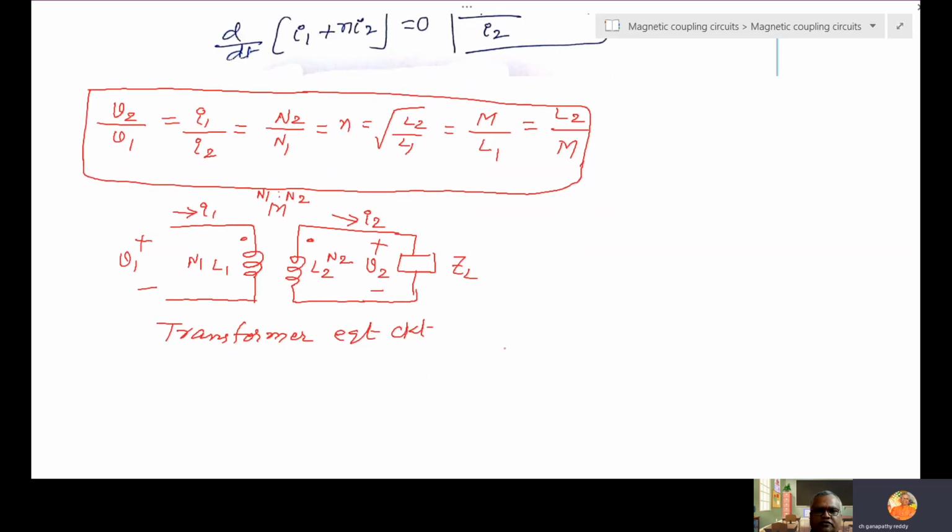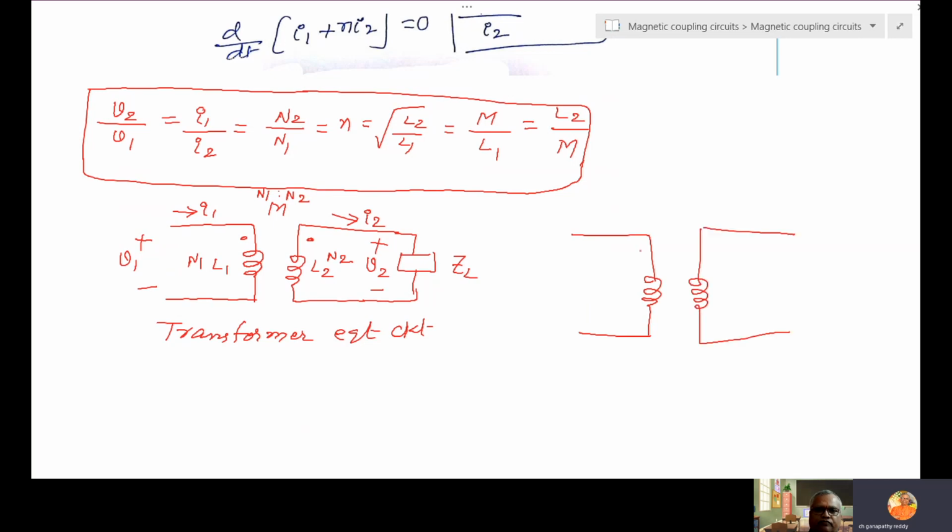But the coupling circuit is already done. In coupling, we apply sources on both sides: this is V1, this is I1, with dots here, and V2 with current I2 entering.